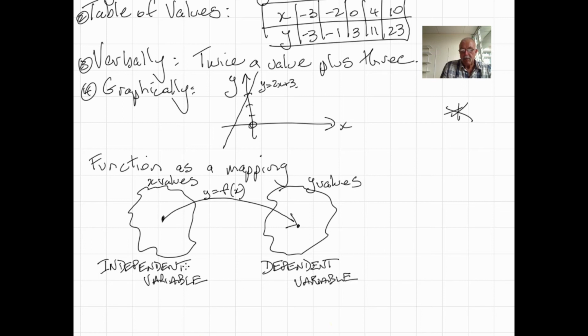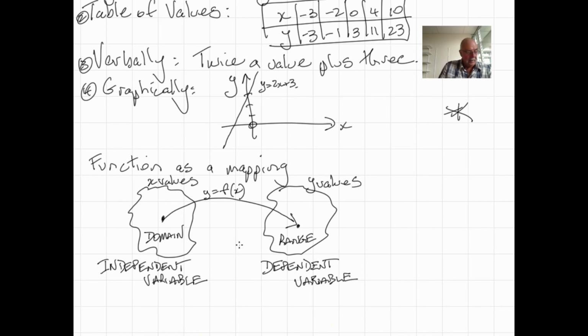So it can be thought of that the y value will depend on the x value that you choose. If you wanted to give a name to all the possible x values, they are called the domain. So these are words that you should be very familiar with. All the y values are the range. So the range is used to define or describe all the y values that can be created.